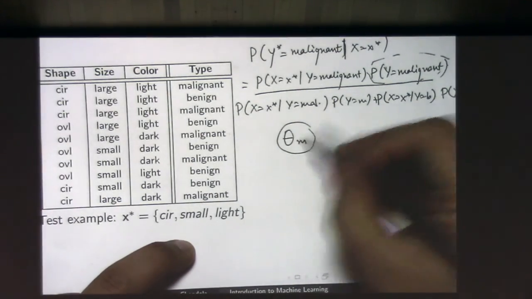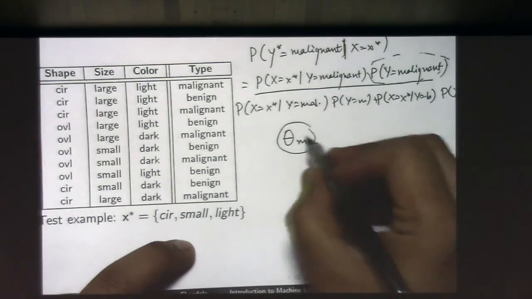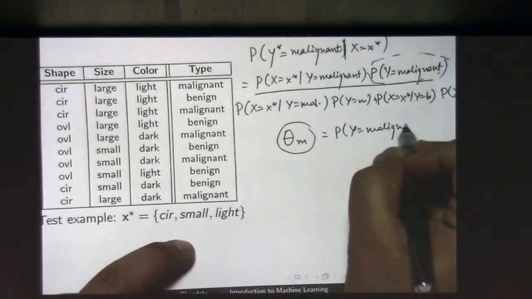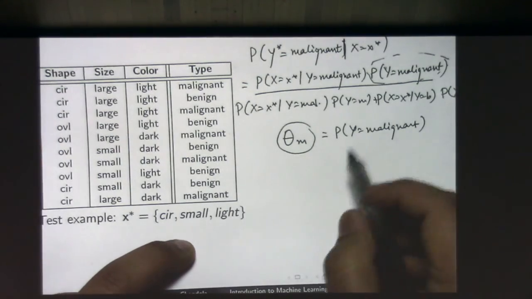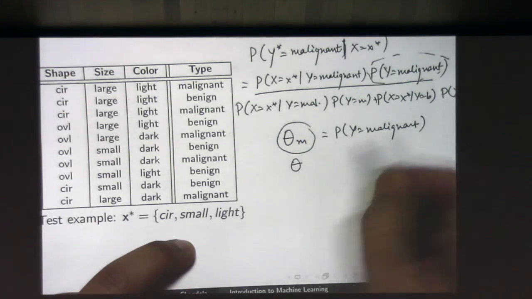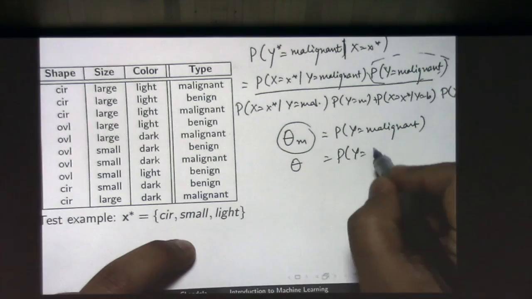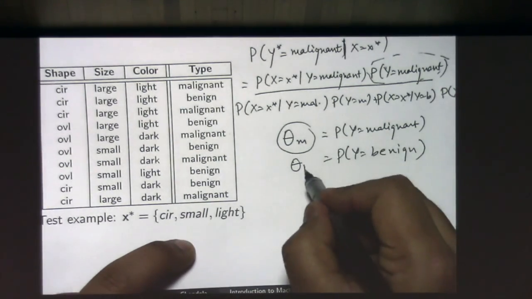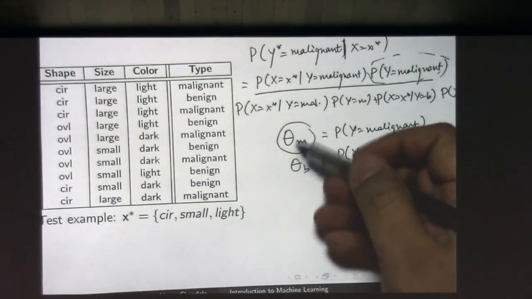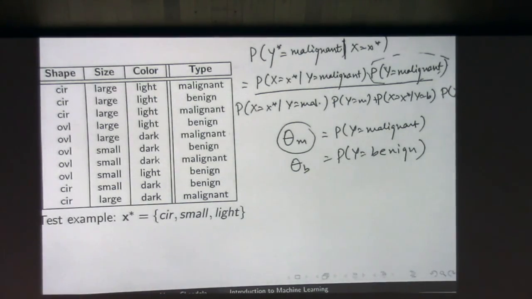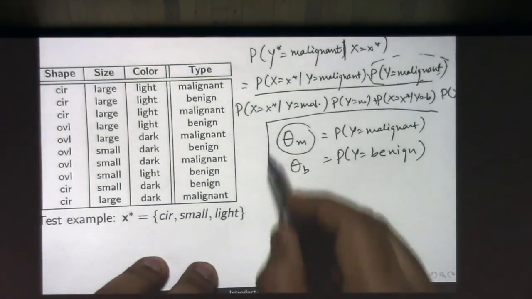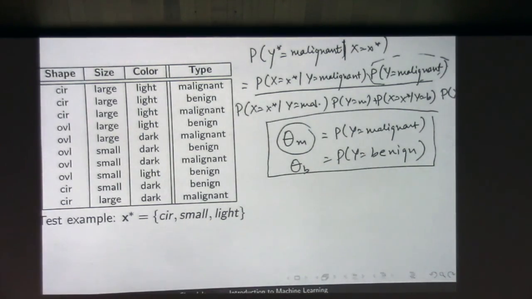You want to learn the parameters of this coin, and this essentially will be y equal to malignant. And in the same way you can compute the probability of y equal to benign, which is theta benign, and these have to sum up to 1. So even if you just compute one of them, that will be fine, right? So that is one thing that you want to compute, and that you can easily compute.